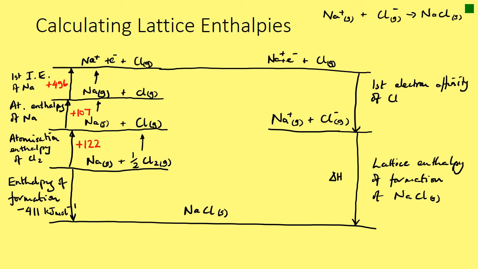And as it happens, when chlorine gaseous atoms take electrons, they give out 396 kilojoules per mole of energy, and because that's giving out, we give it a minus sign.